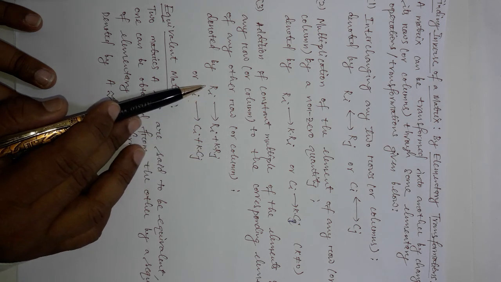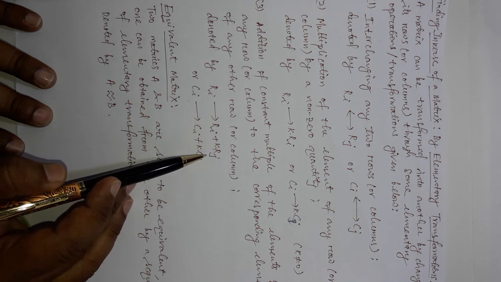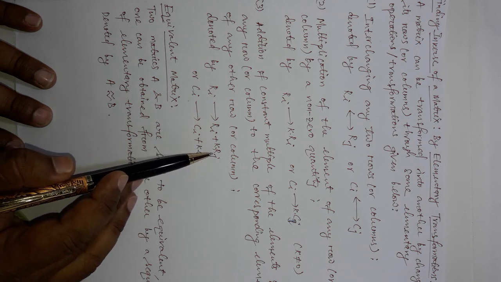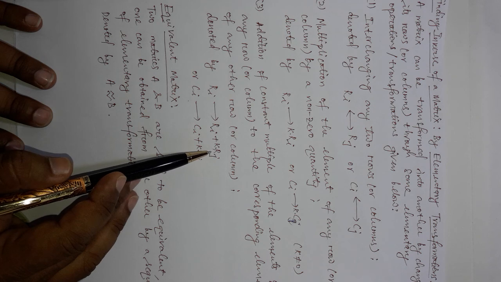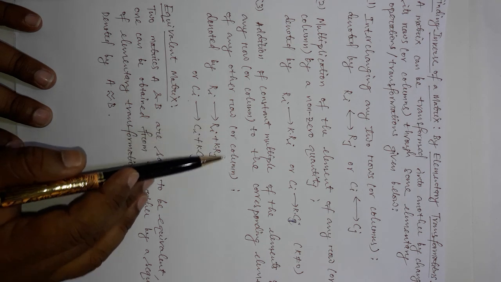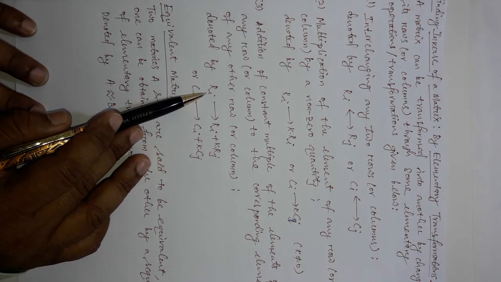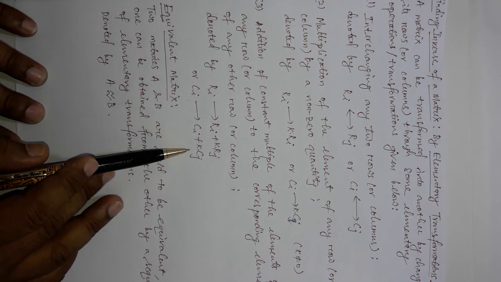Then I can write R1 arrow R1 plus 6 R2. That means I am multiplying 6 with all the elements of row 2 and adding them to the corresponding elements of row 1, and the whole result I am replacing in place of row 1. Same for columns also.